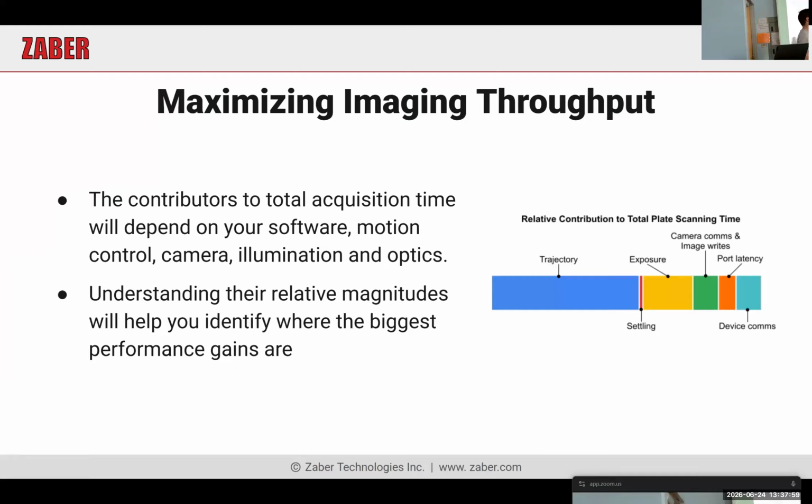You've got the trajectory, the settling time, the actual exposure, the communications port latency, and the time it takes to send the commands to the motion control device. Understanding the relative magnitude of these, if you're really pushing throughput, will help you figure out where you want to spend your time, what's worth fighting over a couple of milliseconds for, and what doesn't matter.